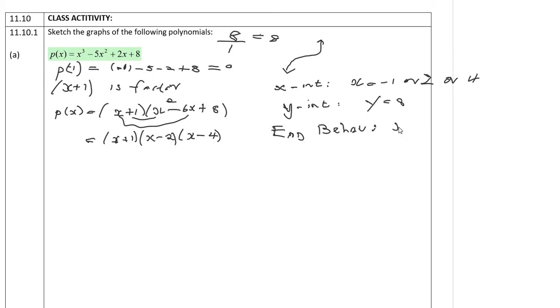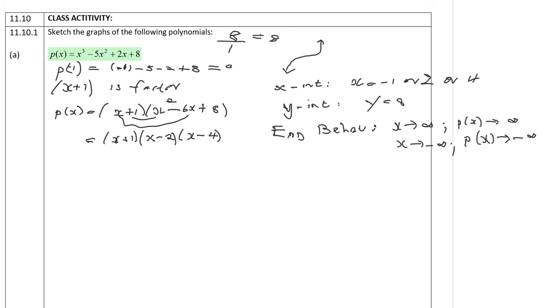So you can write it as: if x approaches infinity, P will also approach infinity. So the right arm will go up, in other words. And if x approaches negative infinity, the left arm will go down. So P of x will approach negative infinity.